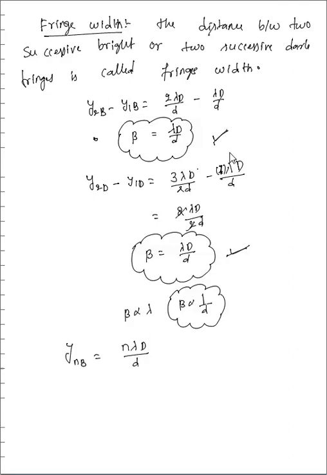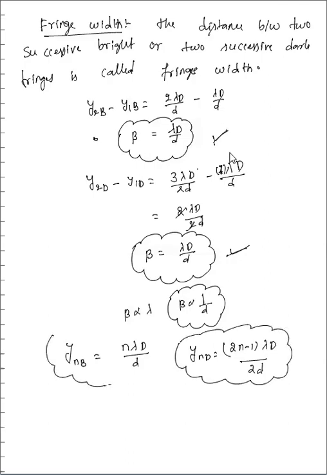For dark fringes, y nth dark is 2n minus 1 lambda D by 2d. We need to remember these formulas to solve numericals, along with the fringe width formula.